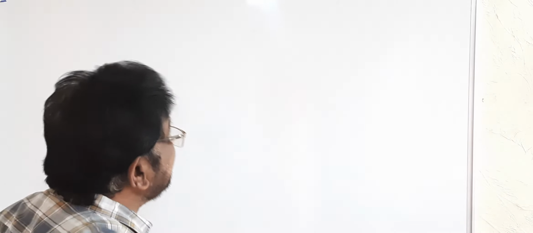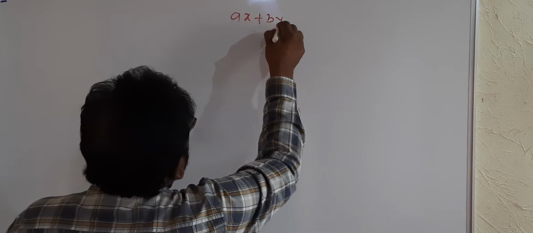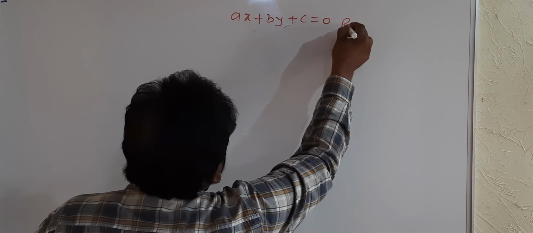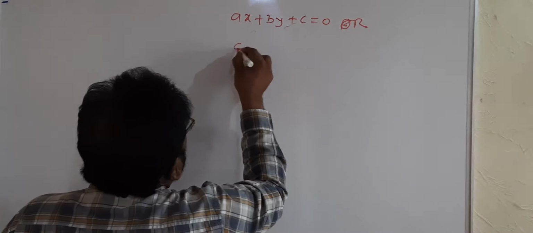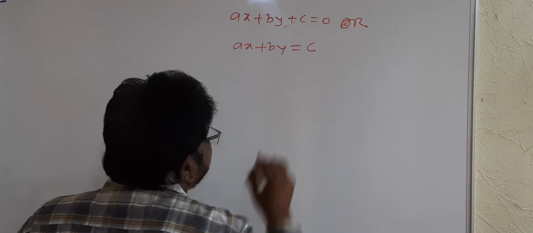The standard form of equation with two variables is ax plus by plus c is equal to 0, or ax plus by is equal to c.